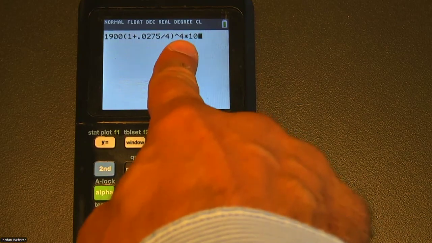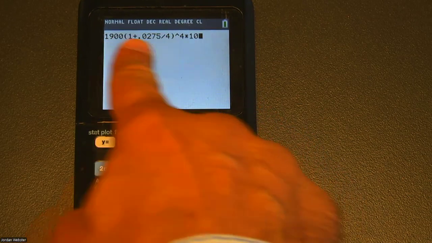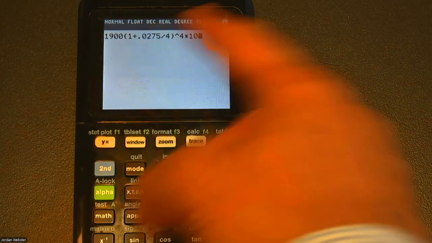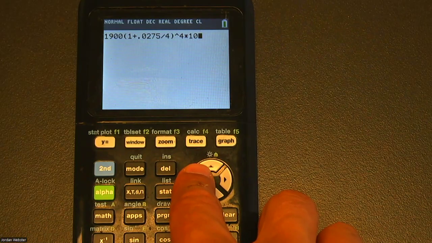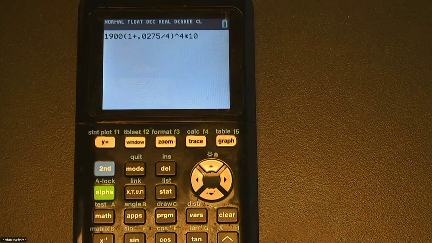That's going to take the exponent of 4 on whatever inside the parentheses and then multiply the output by 10. That makes sense? So you need to make sure that you either multiply 4 times 10 in your head and type in 40, or put parentheses around the 4 and the 10 like that.